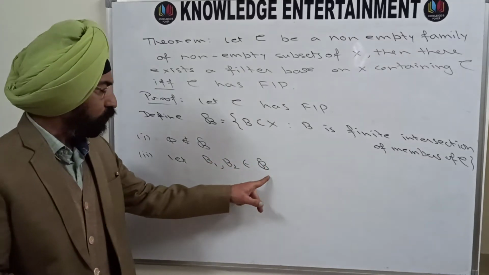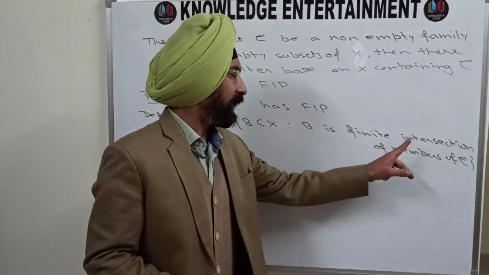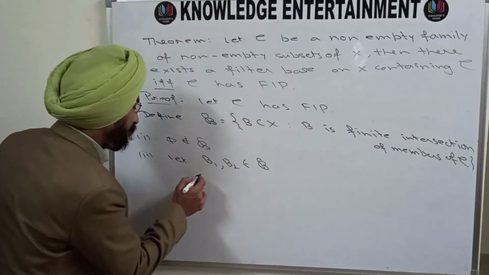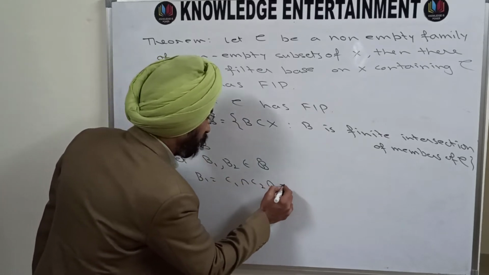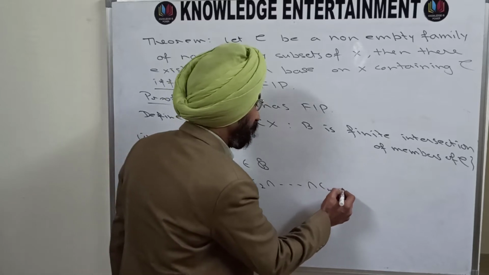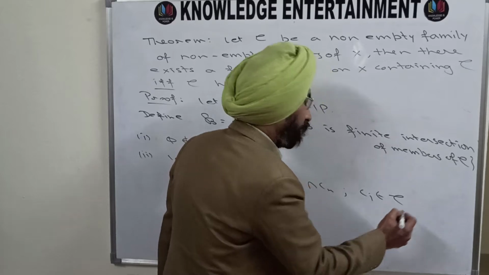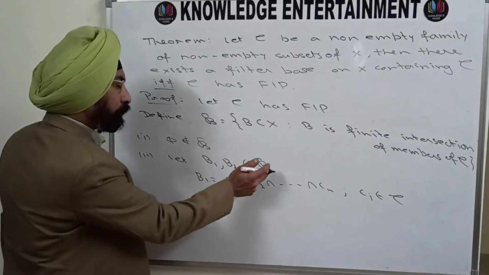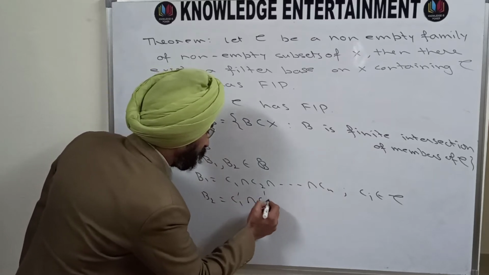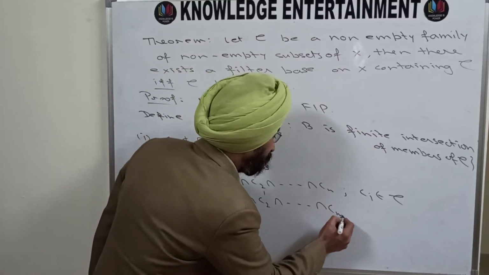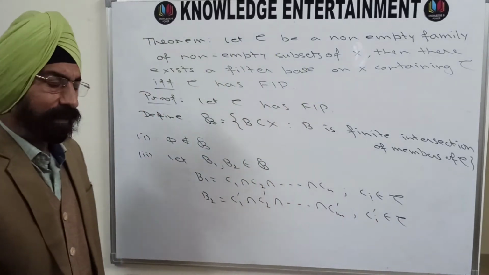Now B1 is a member of B, and B contains those sets which are made up by finite intersection of members of C. So B1 can be expressed as C1 intersection C2 intersection and so on intersection Cn, where these Ci's are members of the family C. Similarly, B2 is a member of B, so B2 can also be expressed as C1 dash intersection C2 dash intersection and so on Cm dash, where these Ci dashes are also members of C.